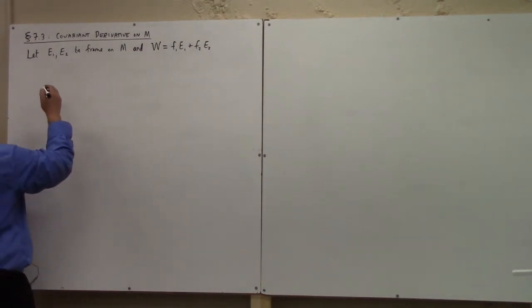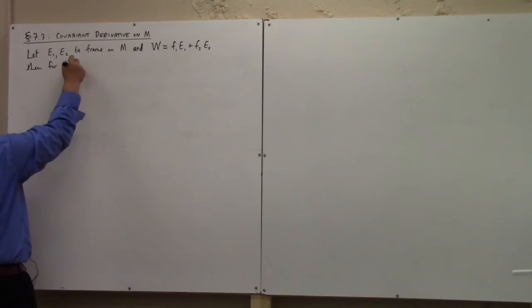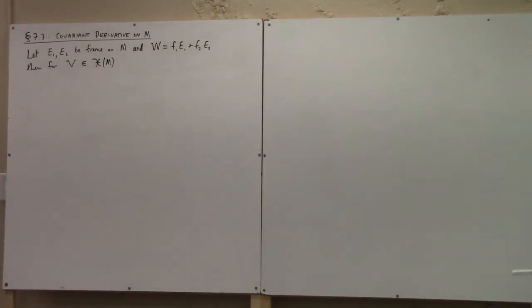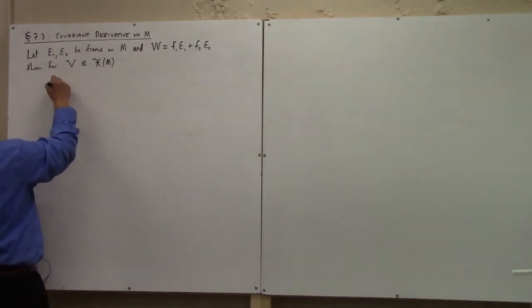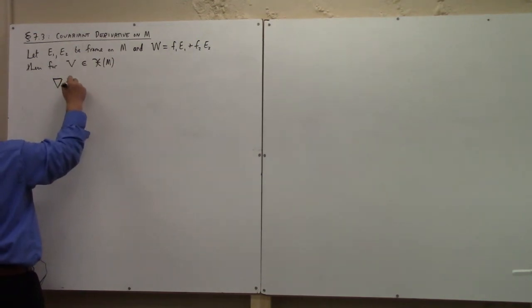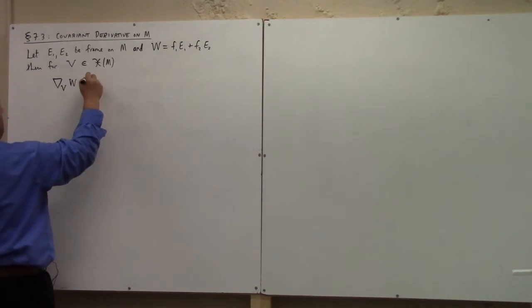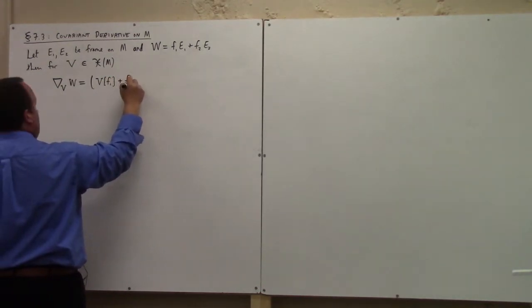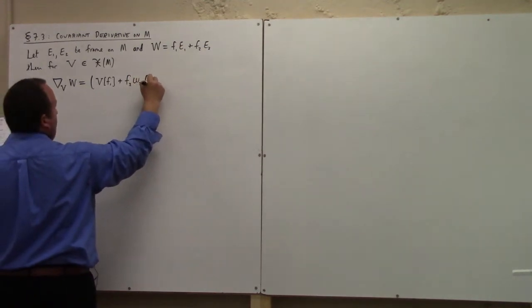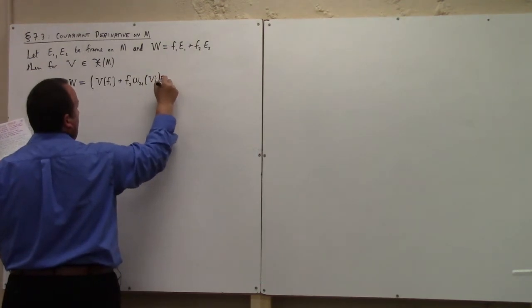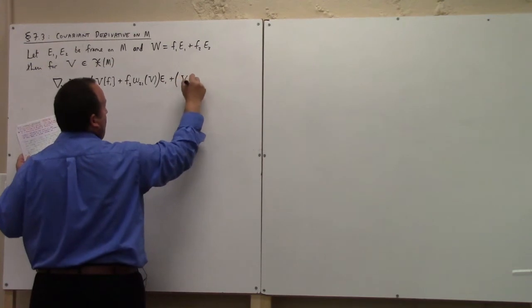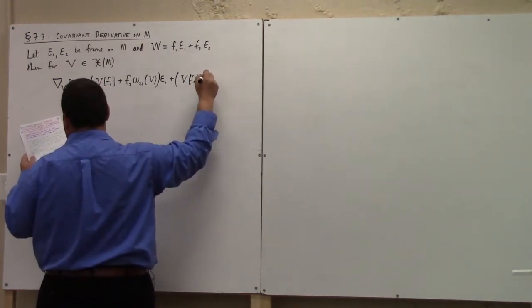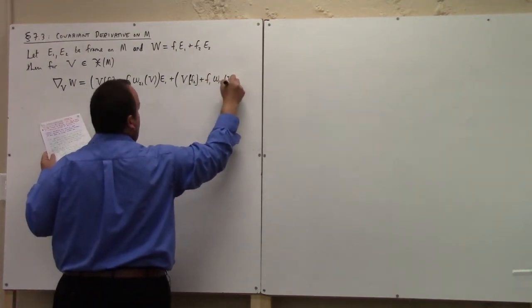Then for V, a vector field on the surface, this is my symbol for a vector field on the surface, we can define the covariant derivative of W with respect to V, which is equal to, here it goes, (V of F1 plus F2 omega 2(1) of V) all times E1, plus (V of F2 plus F1 omega 1(2) of V) E2.